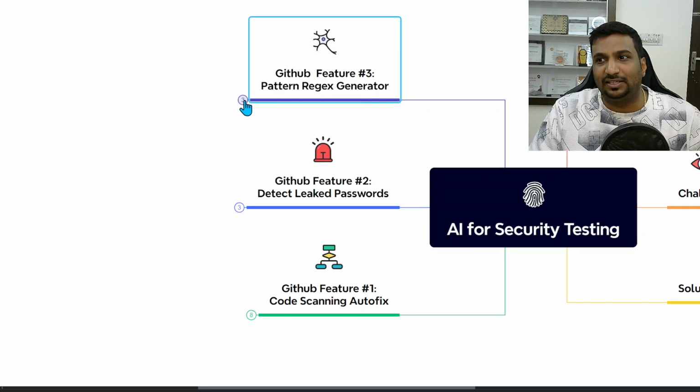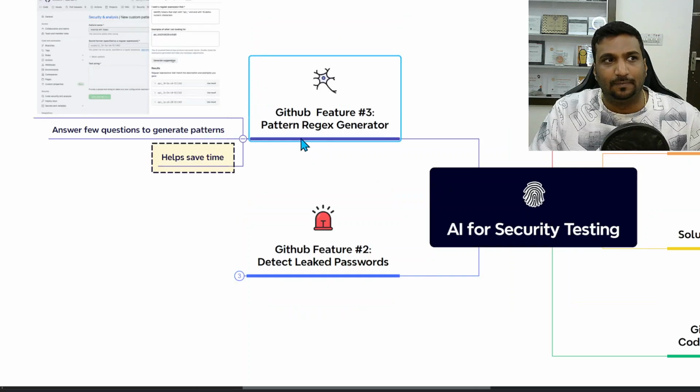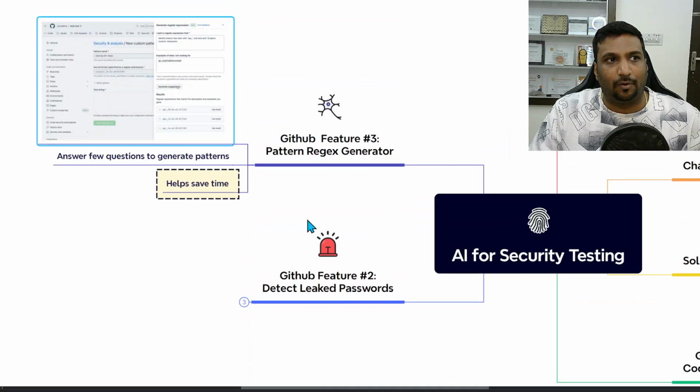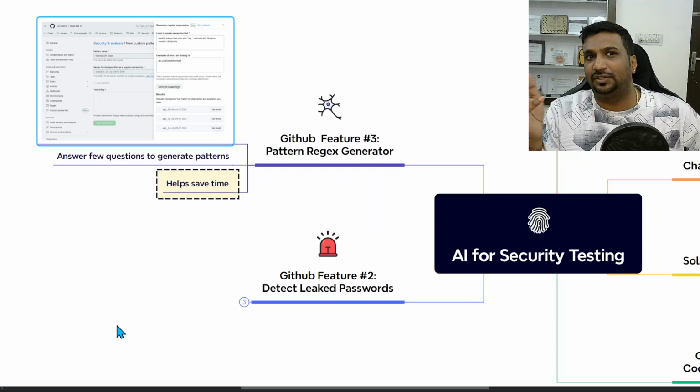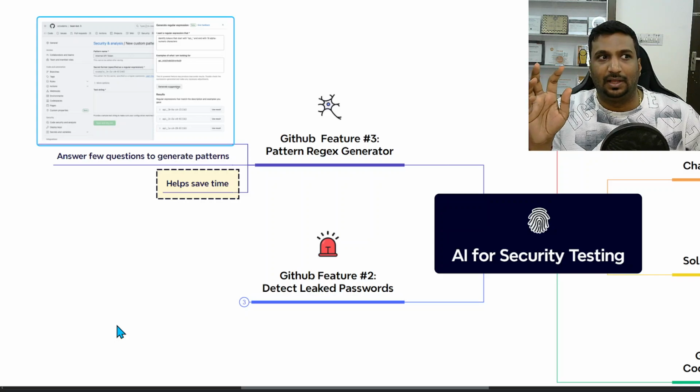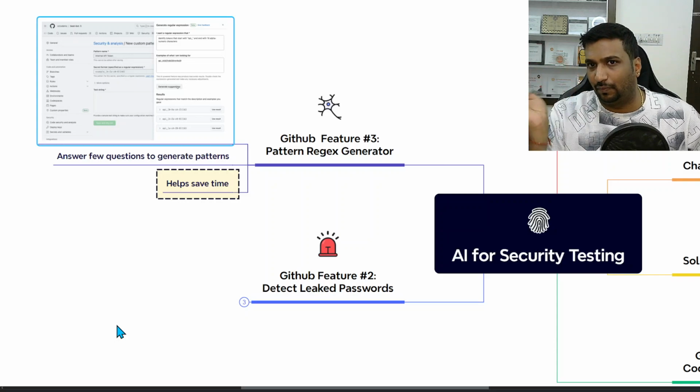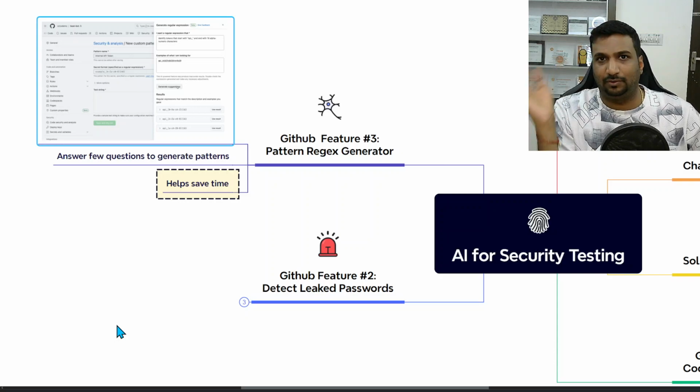Next is the pattern regex generator, feature number three. Crafting regular expressions is a hard skill; not a lot of people master it. This gives you a form where you fill in the data you want a regular expression for, along with some examples of the data you want it to match. That is test data to check that the regex it creates satisfies your examples.